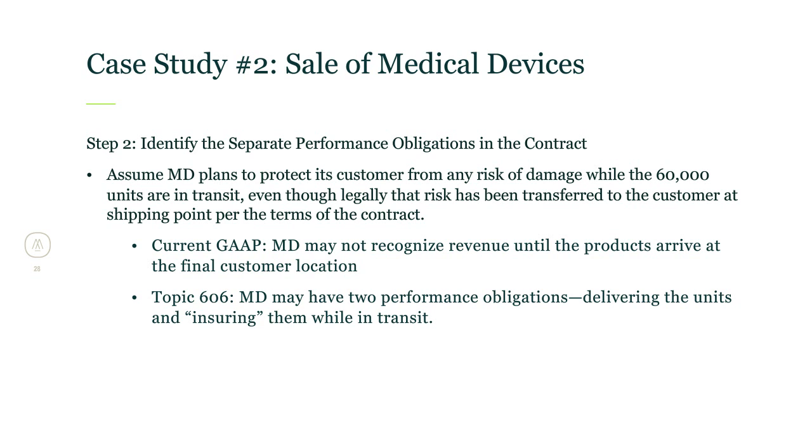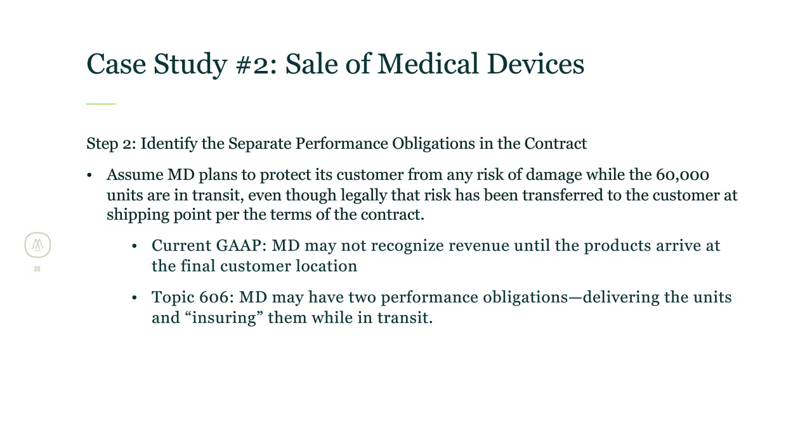Well, 606 will say that you may also have an additional performance obligation in this situation, because you may have provided an implicit performance obligation by having that insurance.